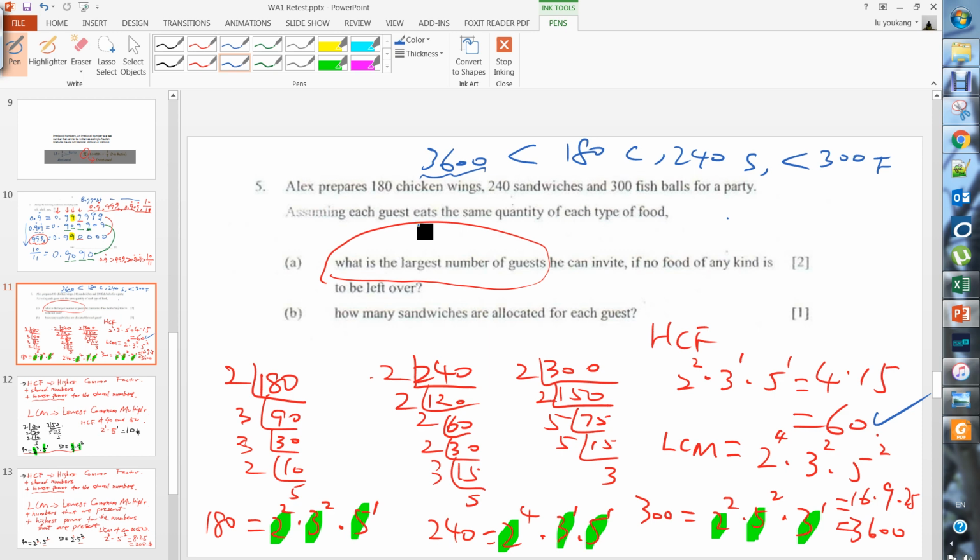So it doesn't make sense to choose LCM unless you want them to eat a fraction of wings, a fraction of sandwiches, and a fraction of fish balls. And I don't think they want you to do that.